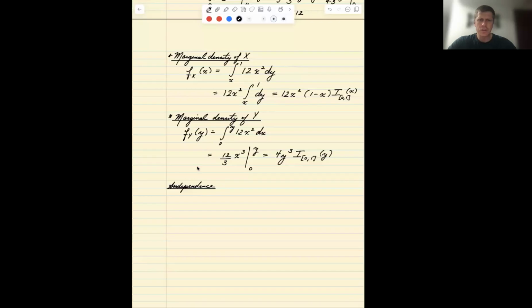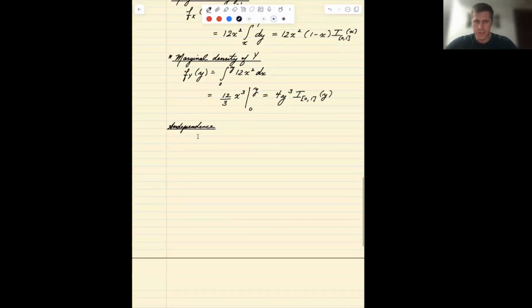We've seen what it means earlier in the course for two events to be independent. We haven't yet defined what it means for random variables to be independent because we haven't talked about joint distributions until just now.